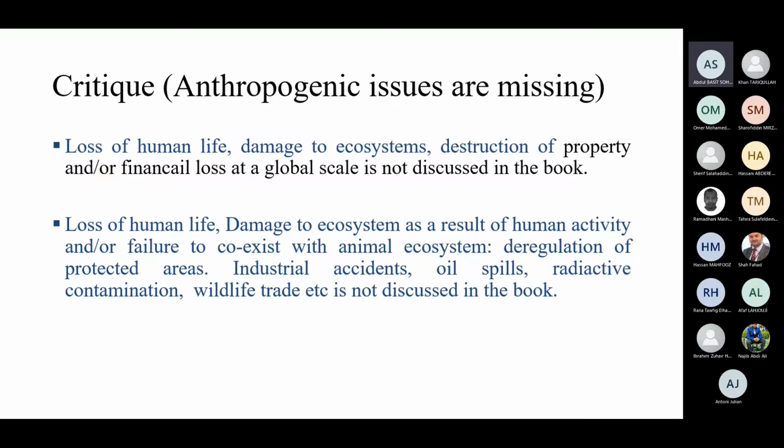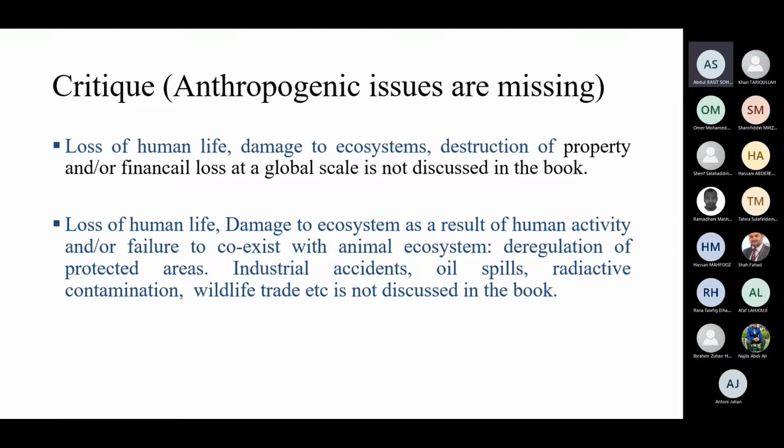Damage to the ecosystem, destruction of property and financial loss at a global scale is not mentioned in the book. Loss of human life, damage to ecosystem as a result of human activity or failure to coexist with the animal ecosystem. Deregulation of protected areas, industrial accidents, oil spills that affect the environment.